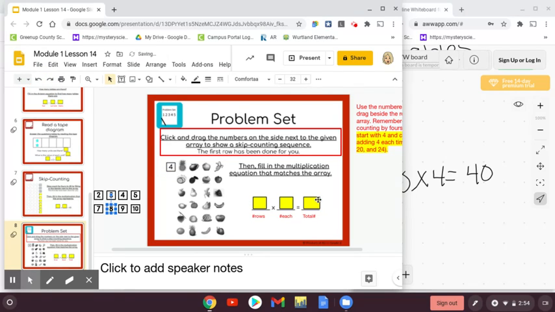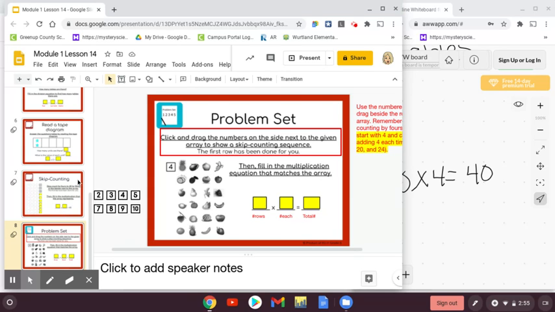Then when we fill in our multiplication sentence, I have the number of rows times the number in each. Remember, my rows are long ways. So I have 1, 2, 3, 4, 5, 6 rows. So my first number in my box is going to be 6 times, there are 4 pieces of fruit in each of those rows. So I have 6 times 4. And if I count those pieces of fruit all together, I have 24. So 6 times 4 is 24.